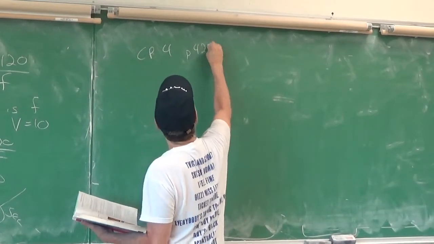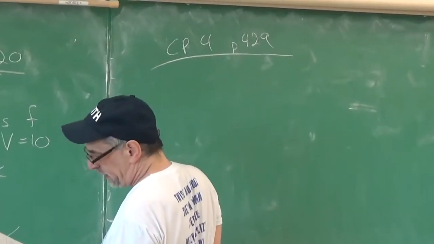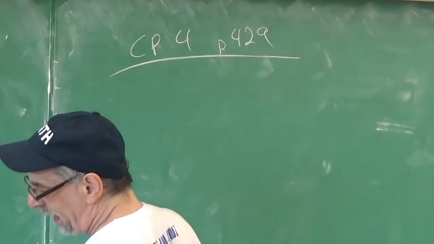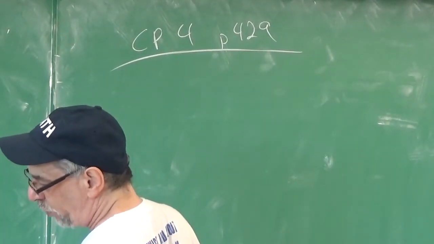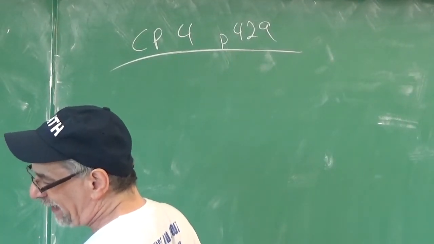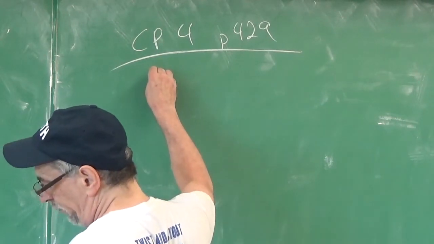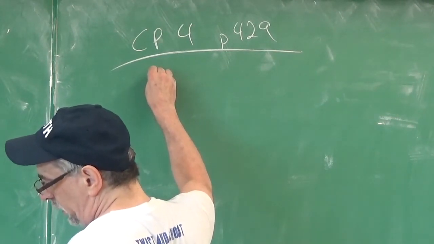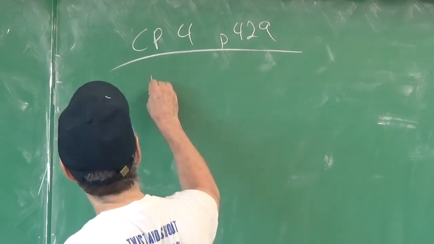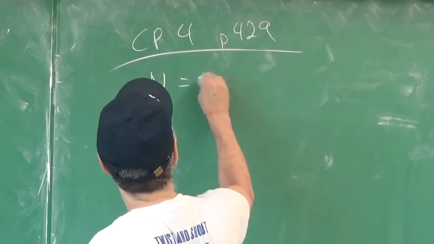It says the number of minutes needed to solve an exercise set of variation problems varies directly as the number of problems. So we're going to let n be the number of problems.